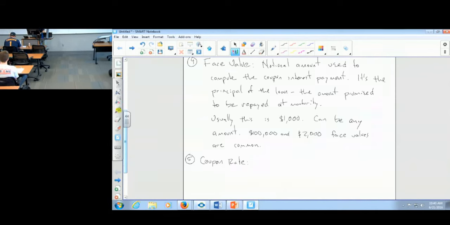Okay, the coupon rate. This is a percentage of face value that the bond pays each year.